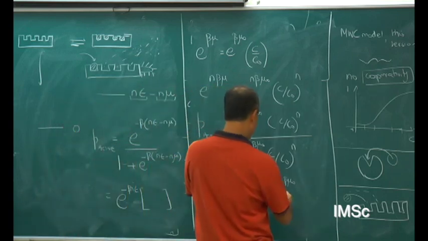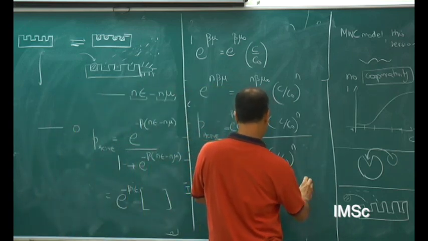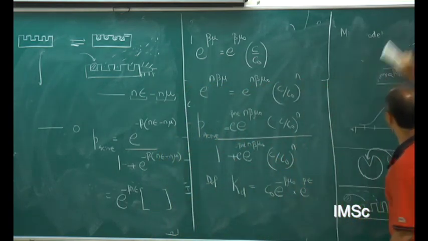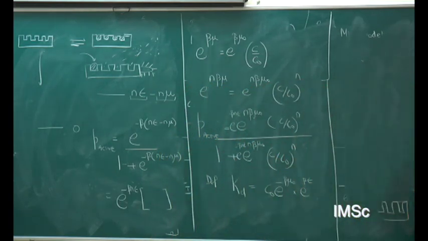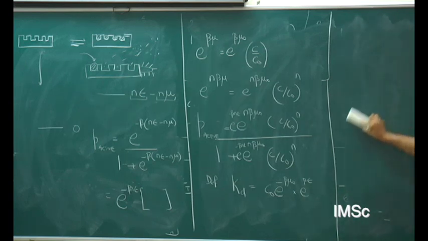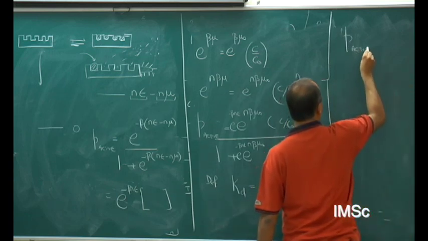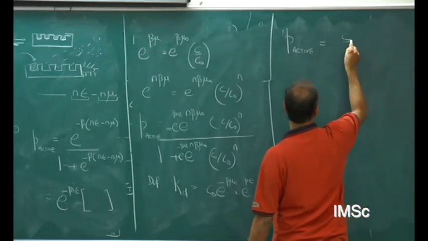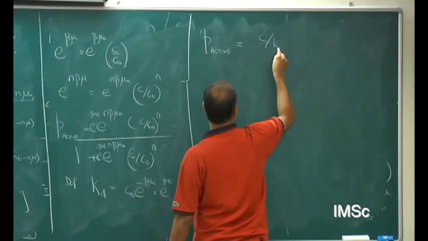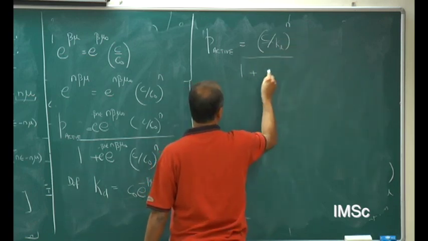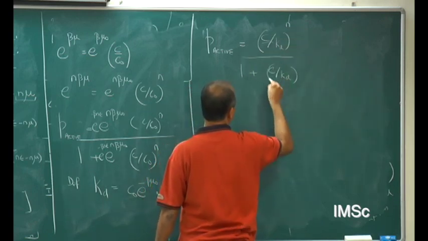So this becomes Kd equal to e to the power minus beta mu naught into e to the power beta epsilon. If I define Kd like this, then you can write this very simply and elegantly in the following way. P active then becomes (C divided by Kd) to the power n divided by 1 plus (C by Kd) to the power n.